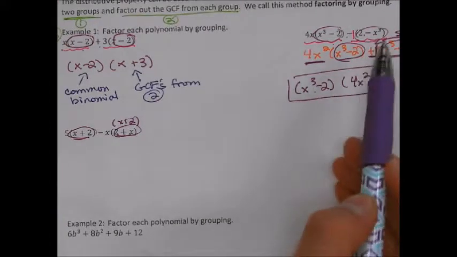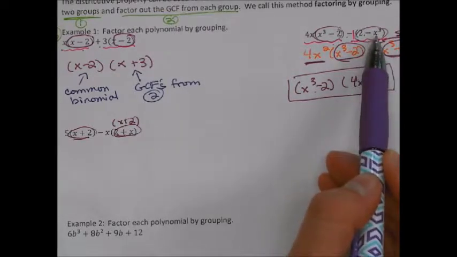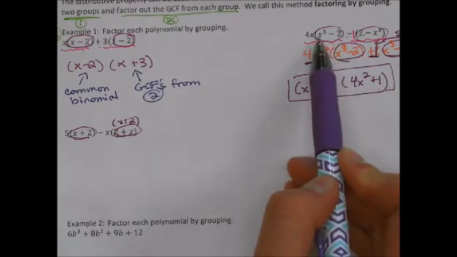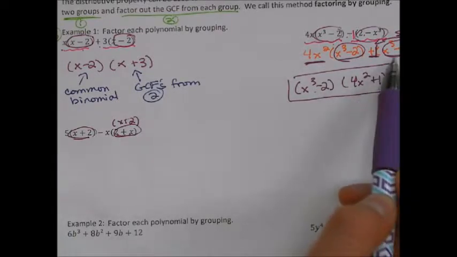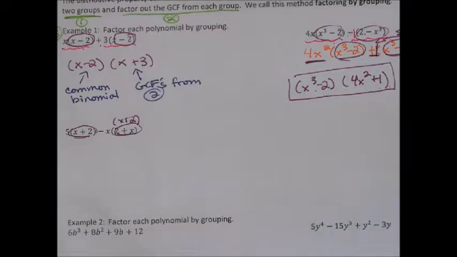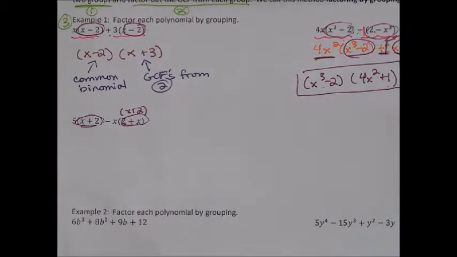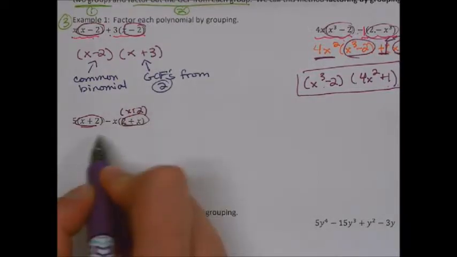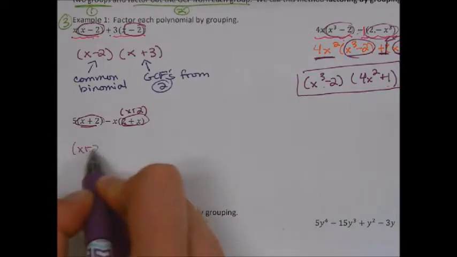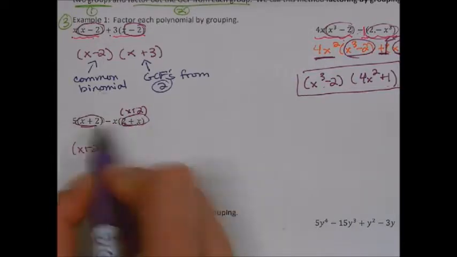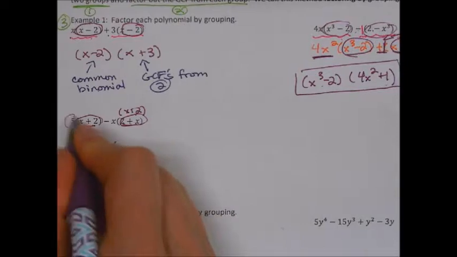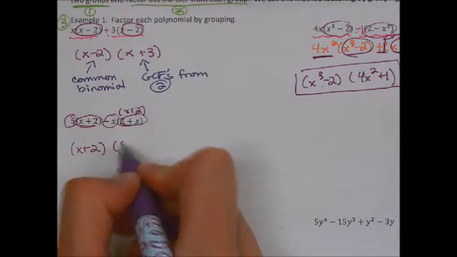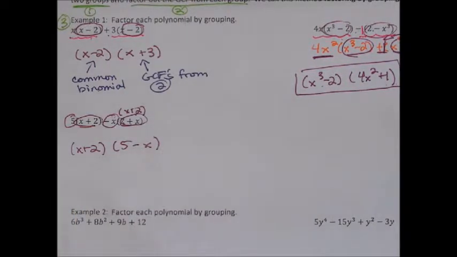No. If I rearrange this one, this would be a negative x to the third, and I wanted it to be a positive x to the third, so I had to change those signs. So now I have the x plus 2 as my common binomial, that's the one in common. And what were my GCFs? I had a 5 minus x.